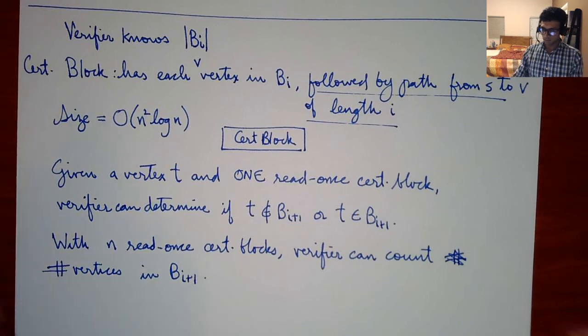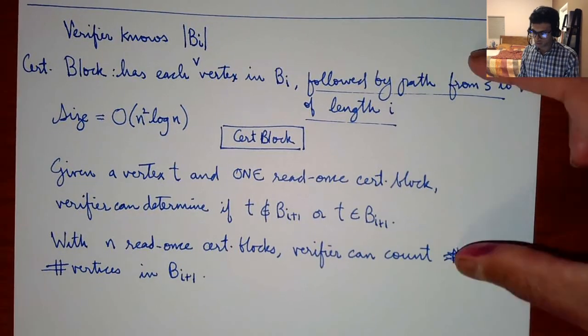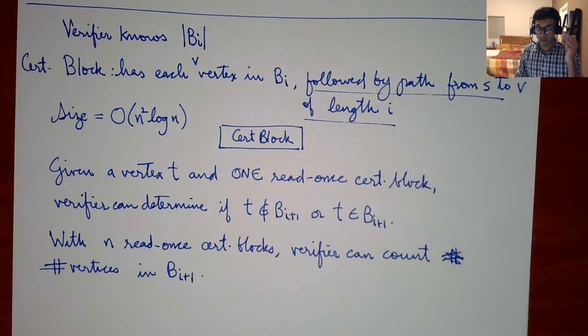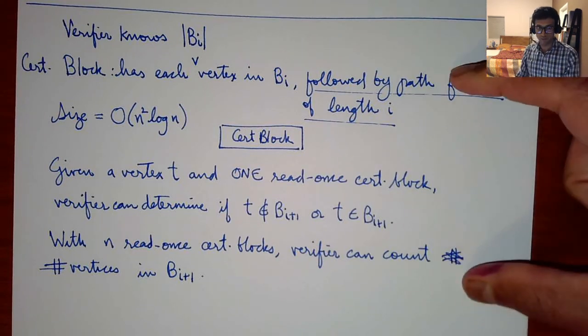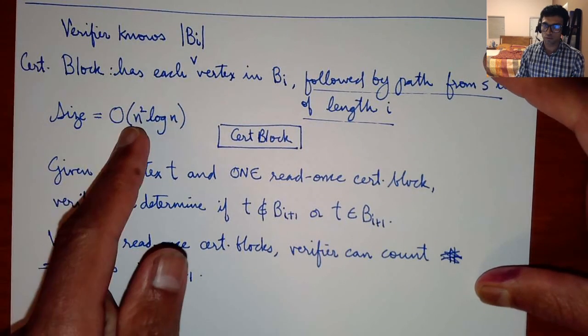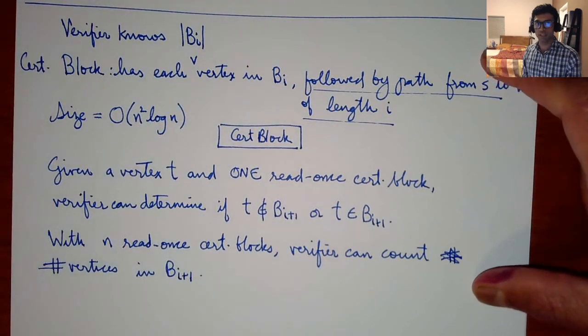But think of it this way: it has to go from BI to BI plus 1, and all of this has to be repeated n times, but it's not nested. It's not a recursion. It's just a loop. It's important that if you read this description, there is no recursive reference for a read once certificate of BI.